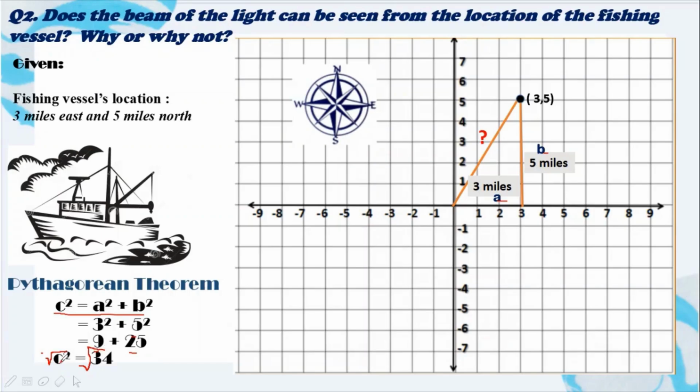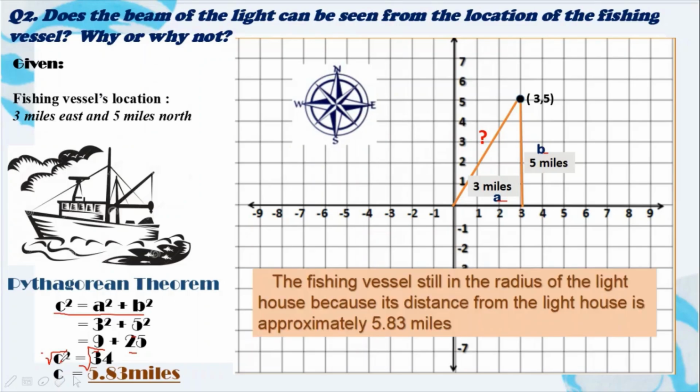The square root of c squared is c. Using your calculator, you can find the approximate value of the square root of 34, which is approximately 5.83. Then again, don't forget the units in solving problems. So the final answer here is that the fishing vessel is still within the radius of the lighthouse.